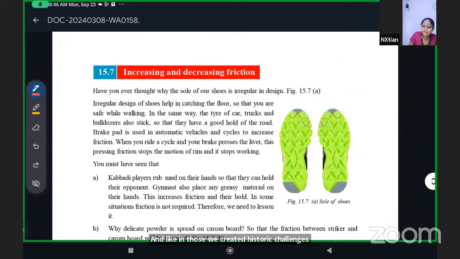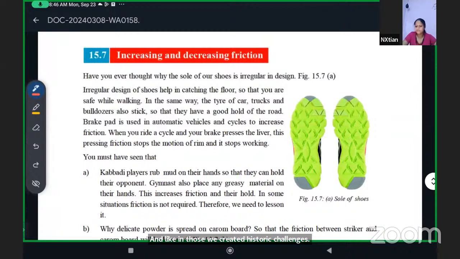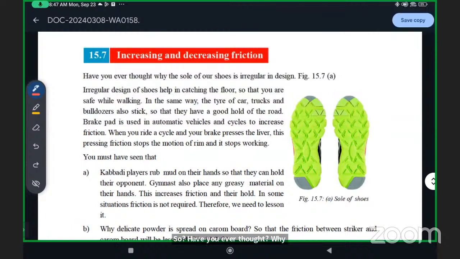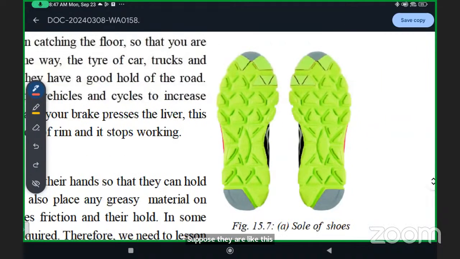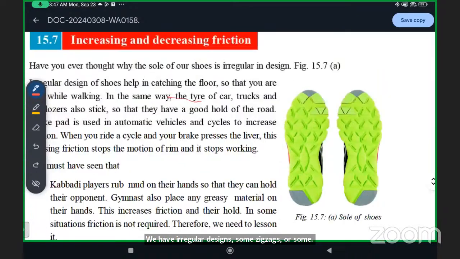Now, increasing and decreasing friction. Have you ever thought why the sole of our shoes is irregular in design? They have irregular designs, some zigzags or some droppings in the sole.